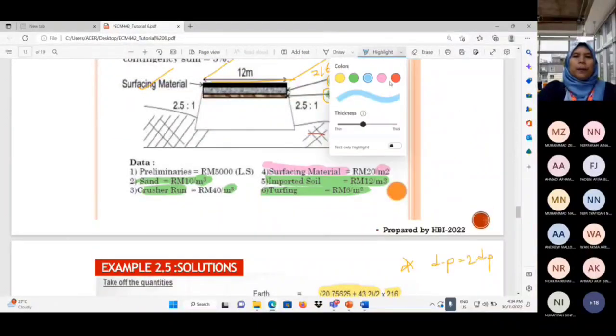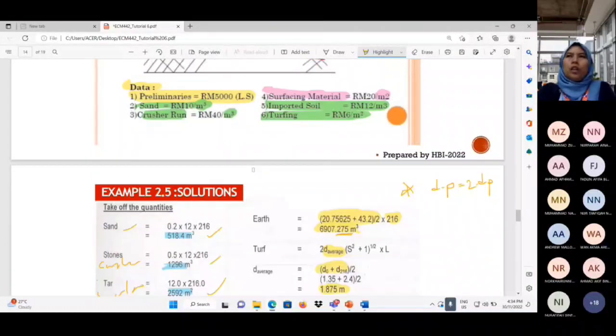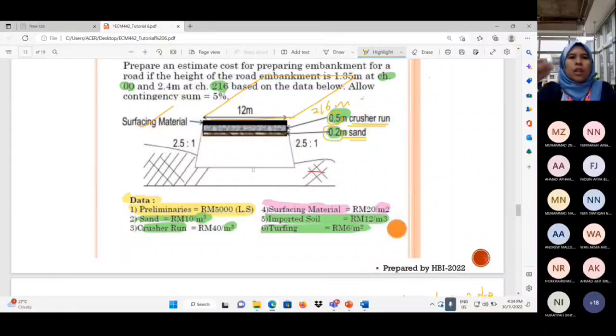However, in this case, dia nyatakan dalam data yang diberi ni, harga yang tidak perlu dikira. You straight away ambil preliminary ni, allocation of money yang diperuntukkan untuk kerja-kerja awalan. Dalam konteks ini, skop kerja kita adalah jalan raya ataupun kerja tanah dan construction of road.